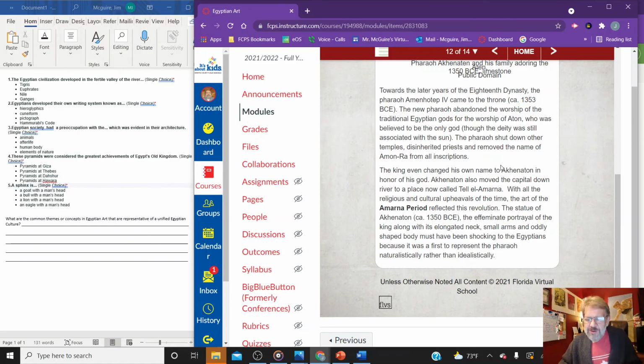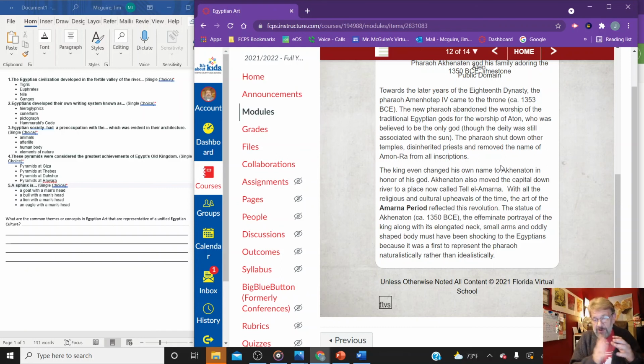The statue of Akhenaten, with its effeminate portrayal of the king, along with his elongated neck, small arms, and oddly shaped body, must have been shocking to the Egyptians because it was the first to represent the pharaoh as naturalistic rather than idealistic.